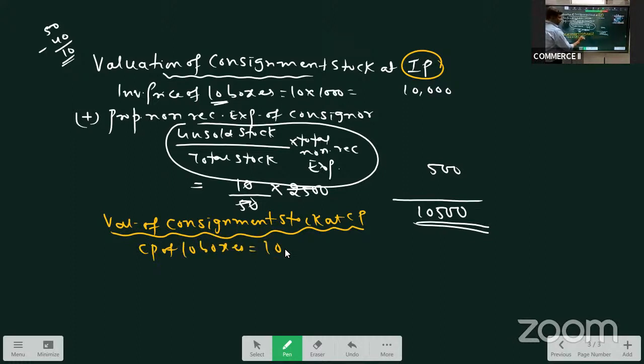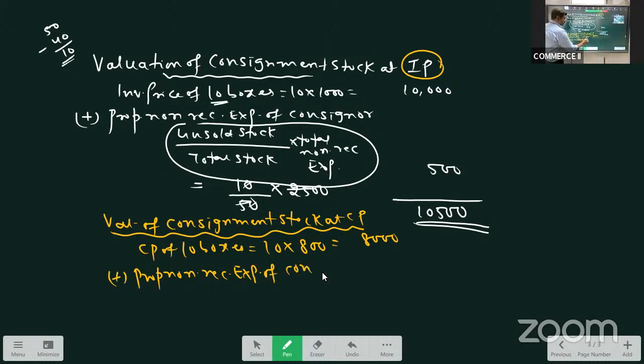It would be 10 into the cost of each box, 800. So that is 8,000. Add proportionate non-recurring expenses of consignor. Apply the same formula: unsold stock by total stock into total expenses of the consignor. This would come to 8,500.